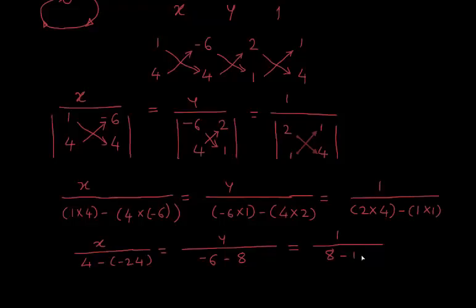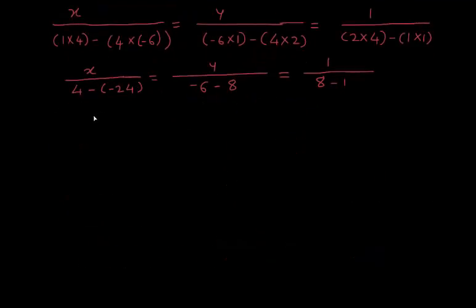So at the end we got x divided by 4 plus 24 is 28, equal to y divided by minus 6 minus 8 is minus 14, equal to 1 upon 8 minus 1 is 7.